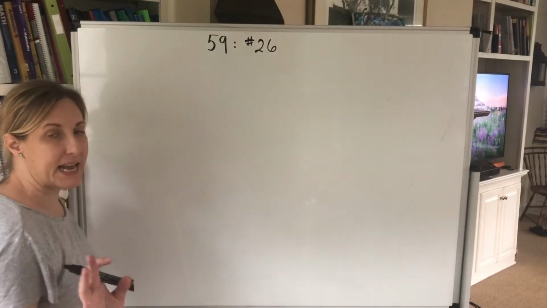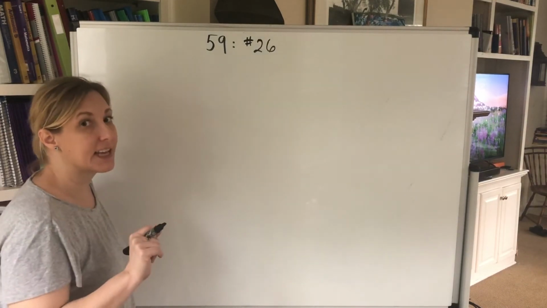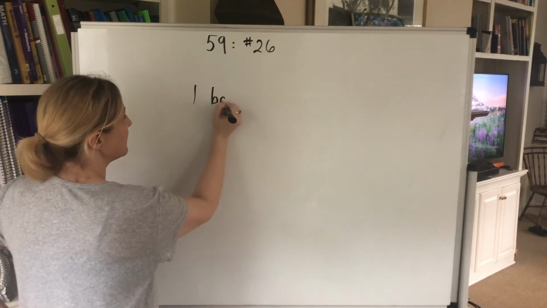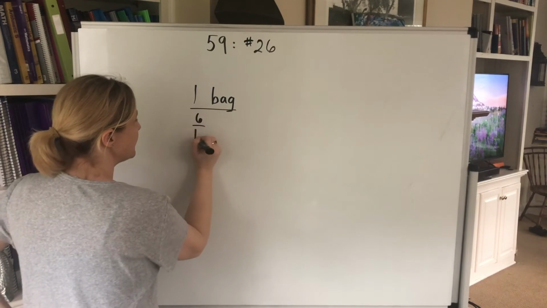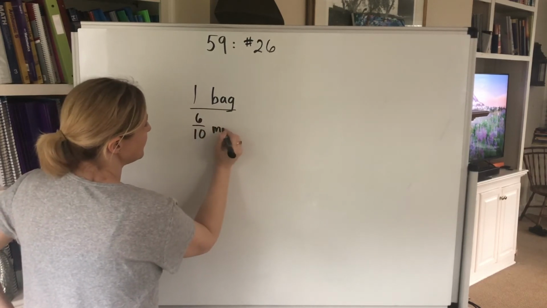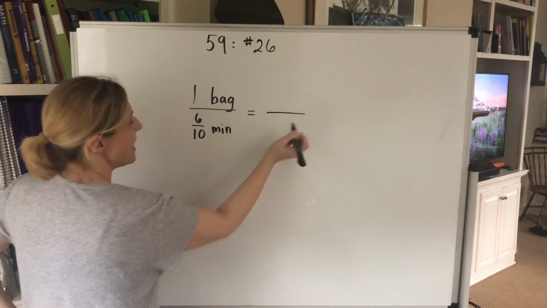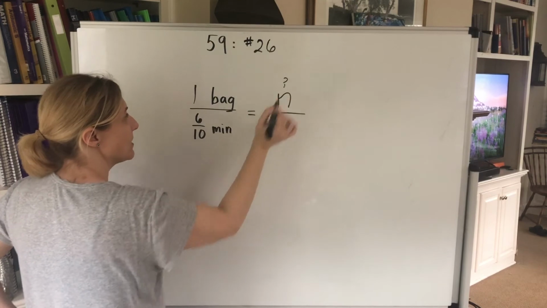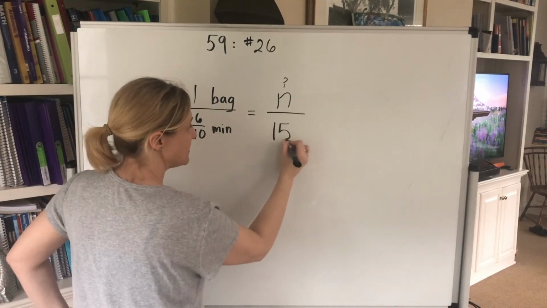It says Nina can pack a bag of groceries in 6/10 of a minute. That's one bag in 6/10 of a minute. And they want to know how many bags, so this is your n or question mark, how many bags can she pack in 15 minutes?